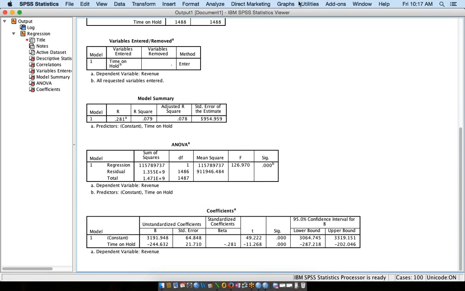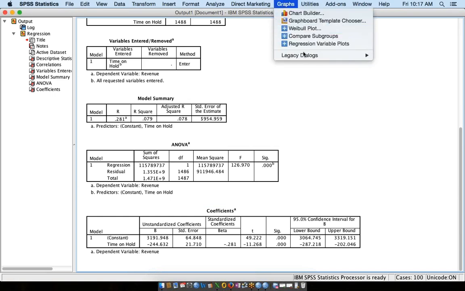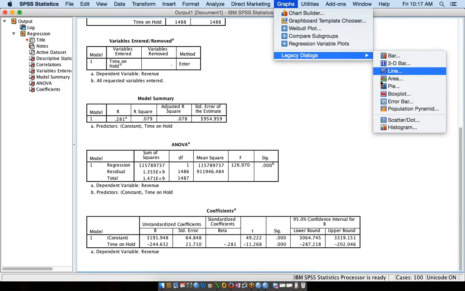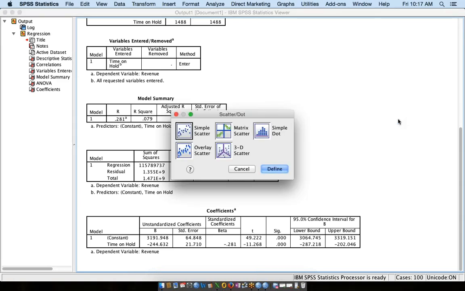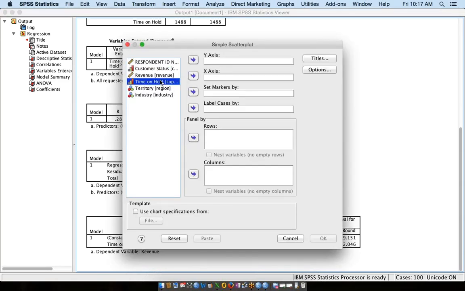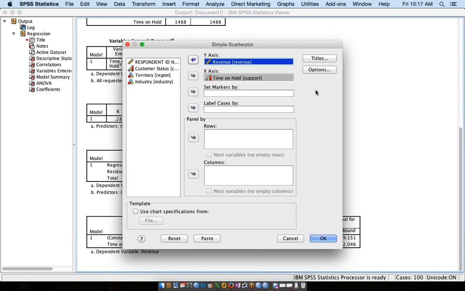So the last thing that we need, because this is significant, is a graph. So I'm going to do the scatter plot. Simple. And I'm going to put time on hold on our x-axis, and revenue, our dependent variable, on the y-axis.